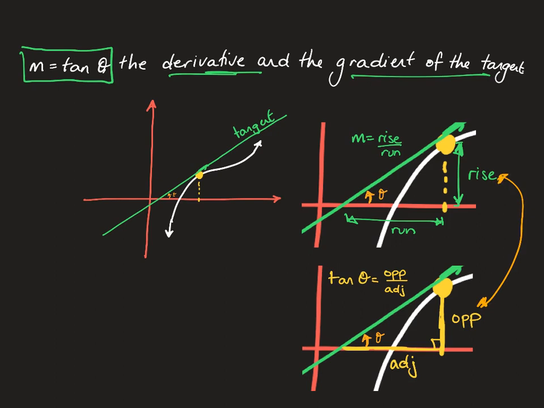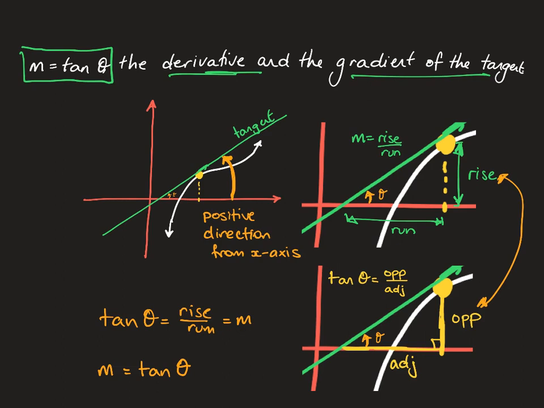And so we can rewrite the formula for tan theta as being rise over run, which is our gradient for our tangent. So the gradient of the tangent is equal to tan of the angle that the tangent line makes, measured in a positive direction from the x-axis.